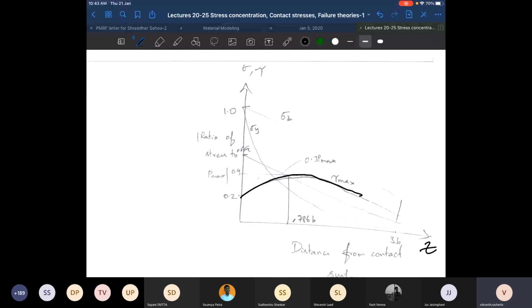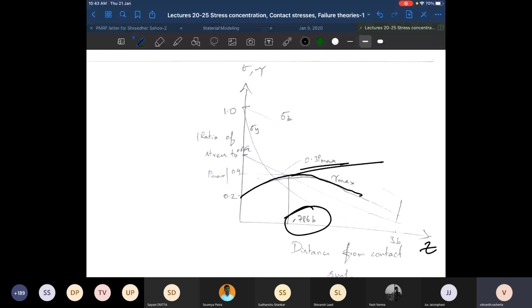In that case, maximum shear stress happens at a depth of about 0.8 times the semi width of the contact. And the maximum shear stress is once again equal to 0.3 times P max.